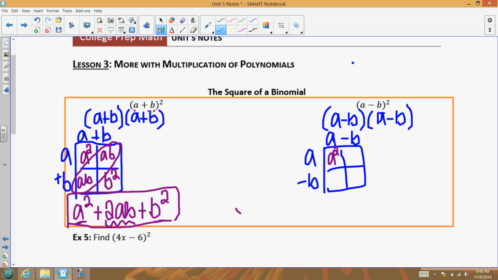A times negative b is going to be minus ab, or negative 1 times ab. Same thing down here, I'm going to have negative ab. And then the last term, negative b times negative b, is going to be a positive b squared. So again, combine your like terms, and we get a squared minus 2ab plus b squared.